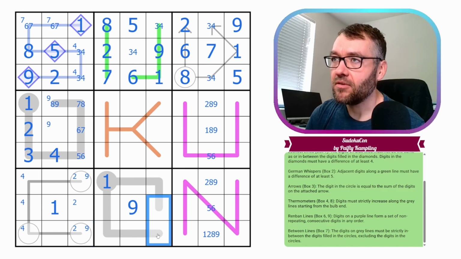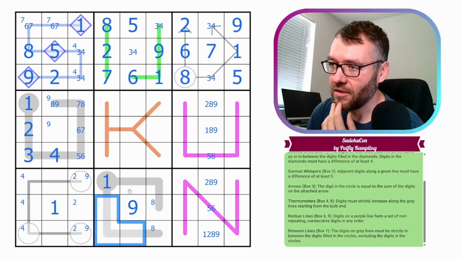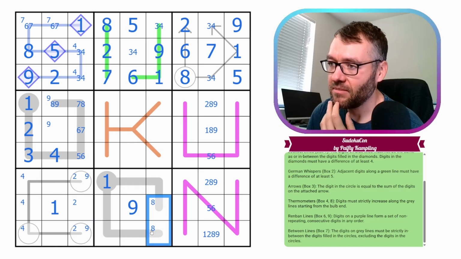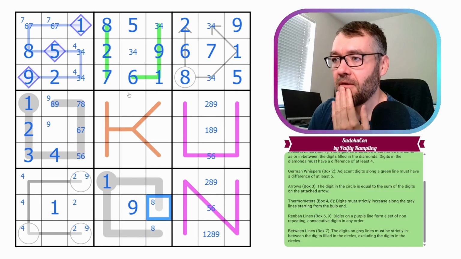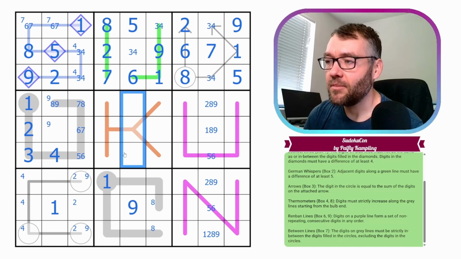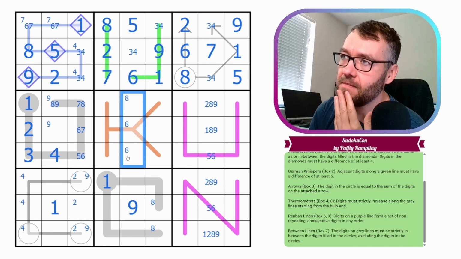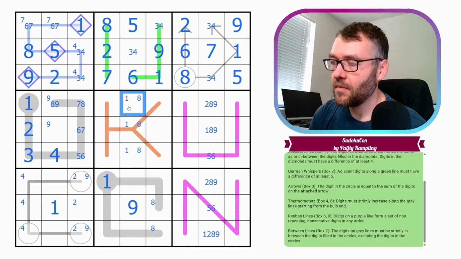And we know 8 is going to go over here somewhere, because 8 can't go anywhere else along these thermos because we can't have a 9 anywhere else. Like, if we put an 8 here, we'd need a 9 here. Which forces 8 in this column, in this box. Okay. 1 is also in this box, right here.